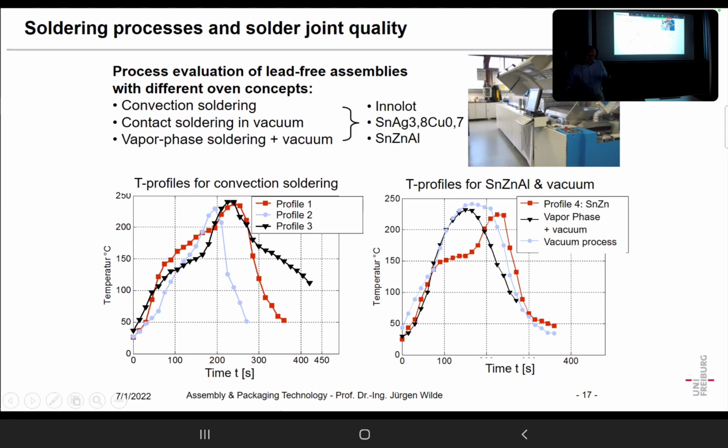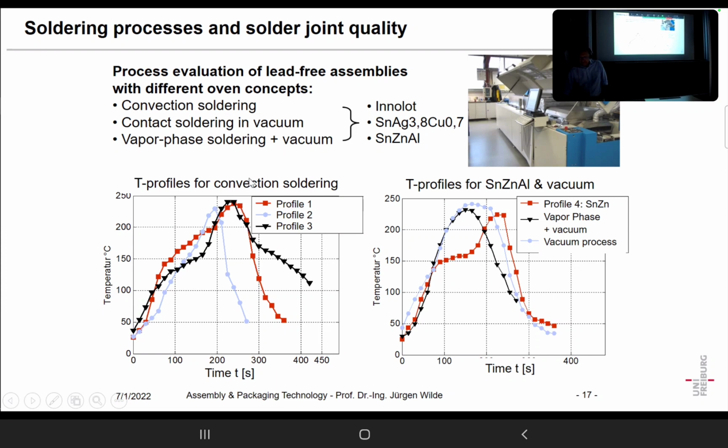So the profile is mainly depending on the devices we solder, you could say, and also a certain effect we have by the material that we solder. All of these have a controlled slope, some holding or soaking phase, and then the soldering phase itself.